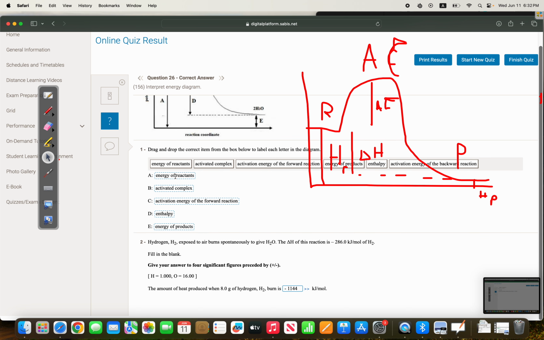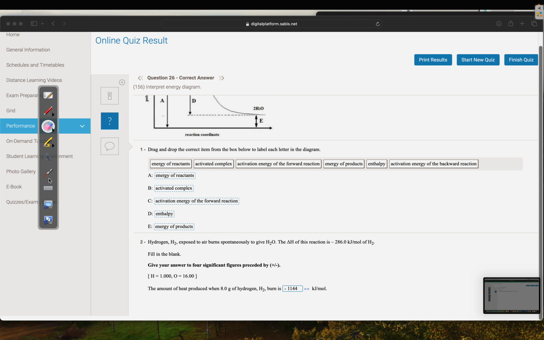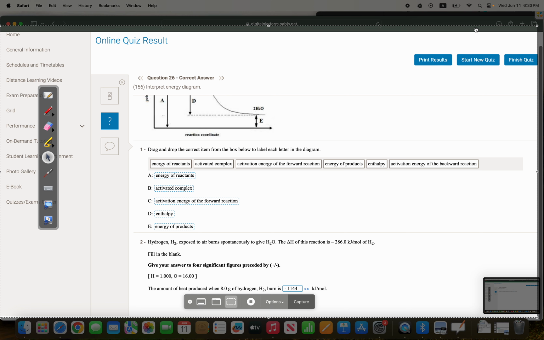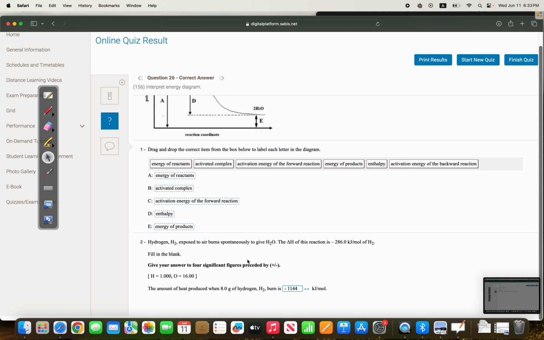Hydrogen gas H2 exposed to air burns simultaneously to give H2O.